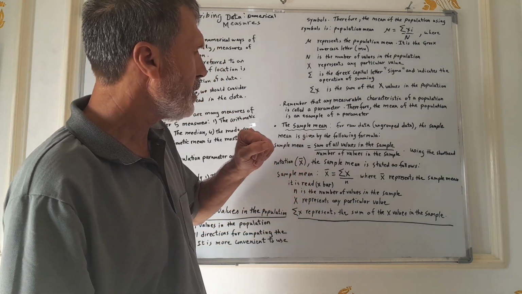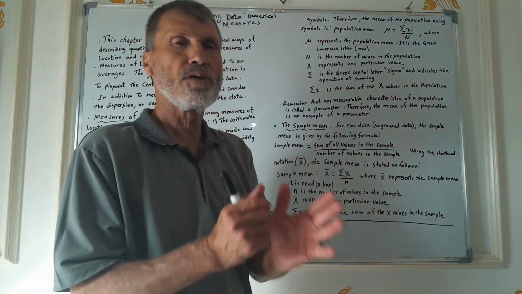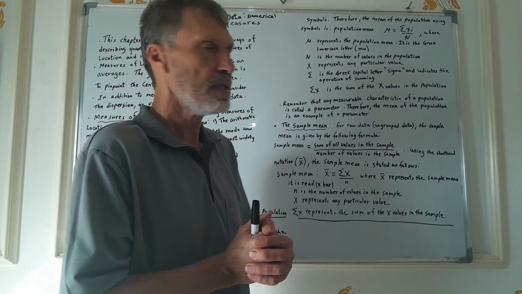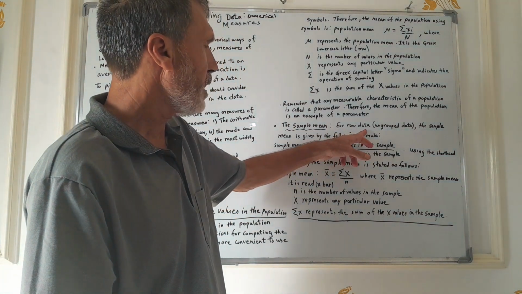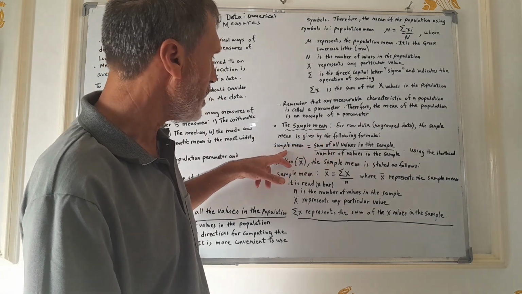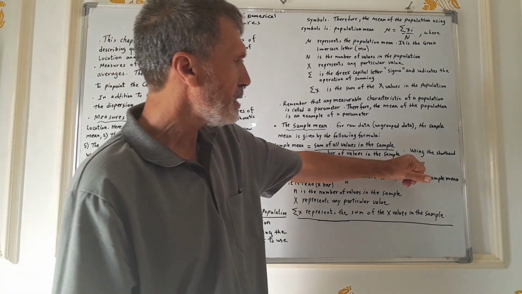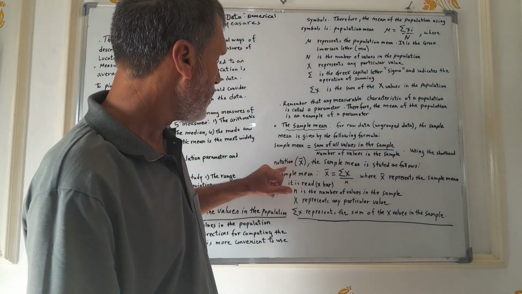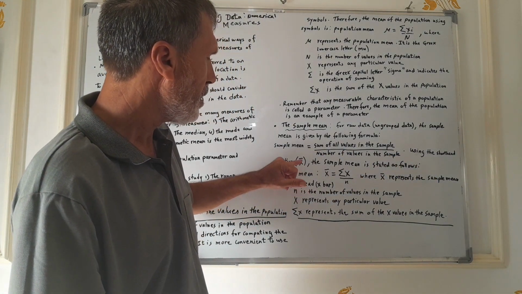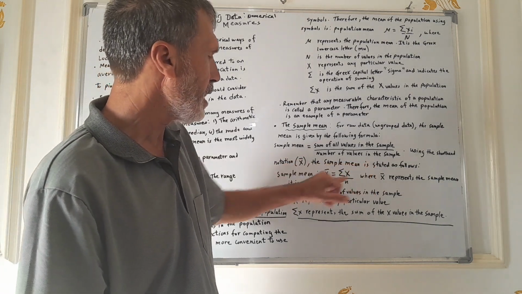The sample mean, of course, is the mean of a subset of the population. Okay? For raw, ungrouped data, the sample mean is given by the following formula. This is the formula of the sample mean. Using the shorthand notation x bar, the sample mean is stated as follows.